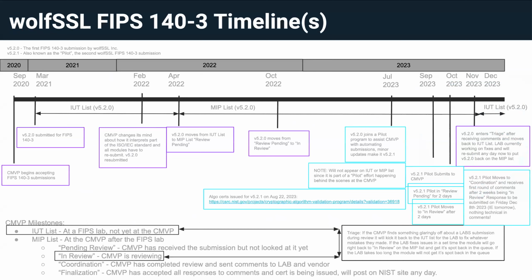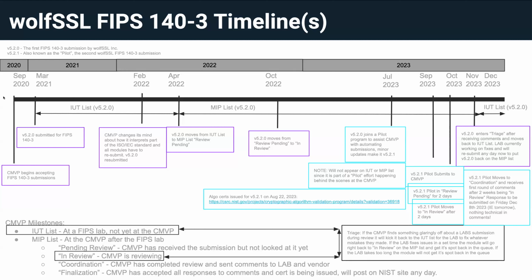So this is the overview of the timeline that we've been facing with the 140-3 submissions. You can see we started in late 2020. Well, I shouldn't say we started. The CMVP opened up testing in late 2020. They began accepting 140-3 submissions officially.